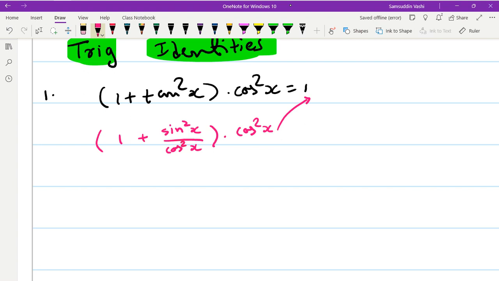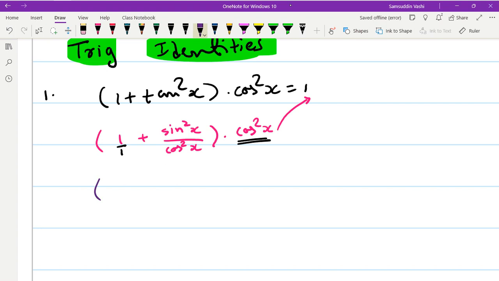All right. Okay, do I have a fraction? LCD. A fraction now with addition and subtraction. So I'm going to take the LCD of the bracket first. When I'm working with the bracket, I have nothing to do with this cos squared x. Okay, so what is my LCD?